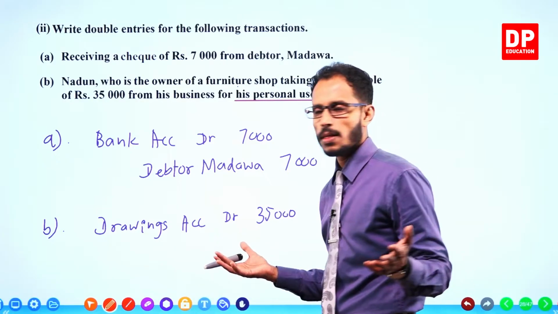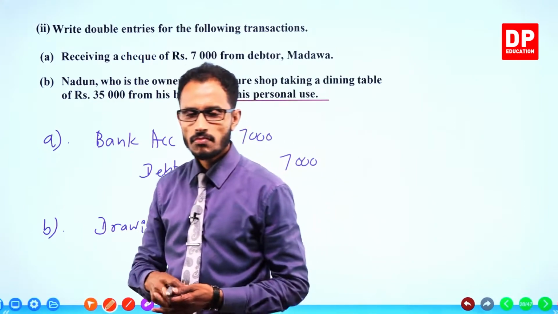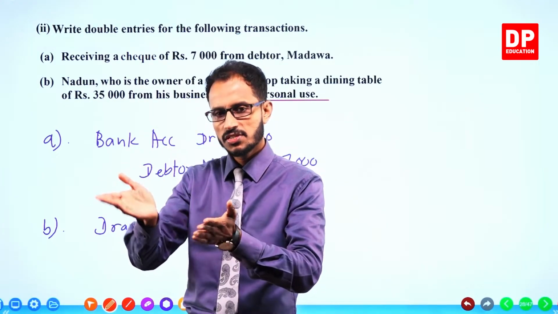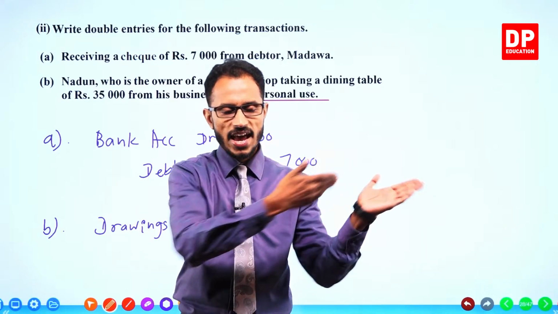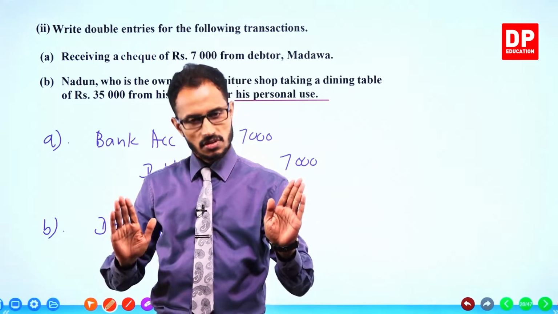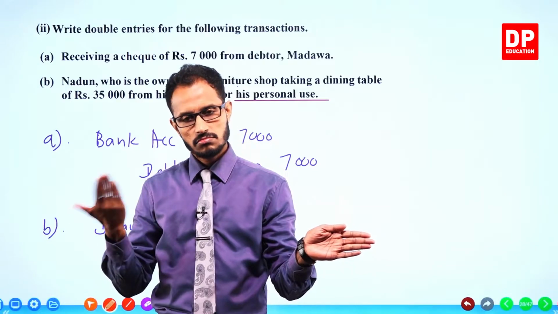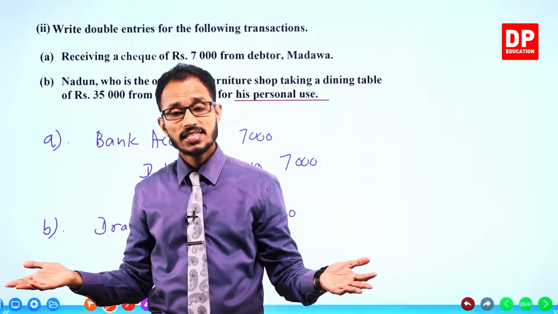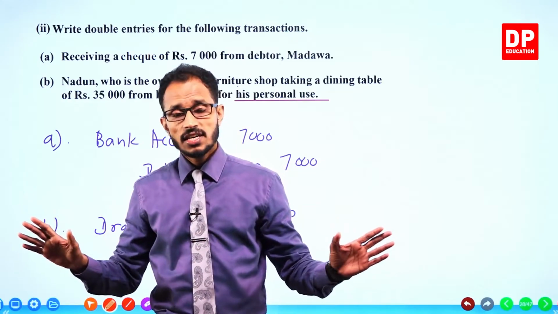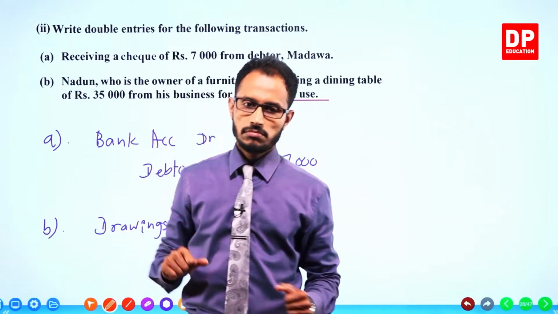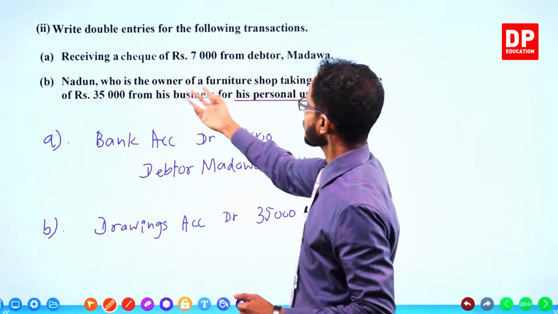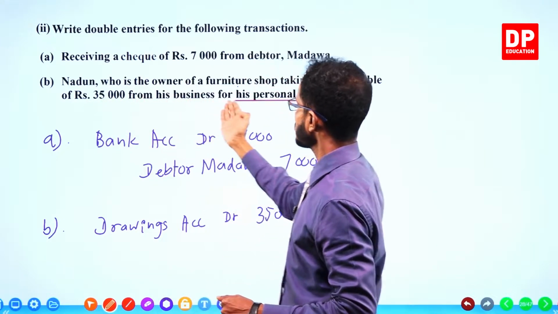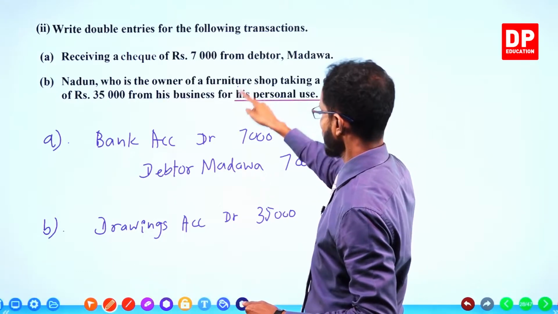Drawings always debit. Credit what? Cash credit, because if he takes cash from the business, cash decreases. But here it is not cash. He has taken a dining table of 35,000 from his business for his personal use.